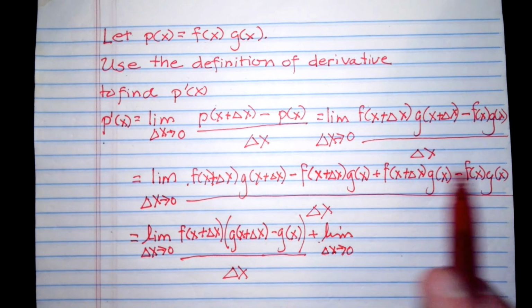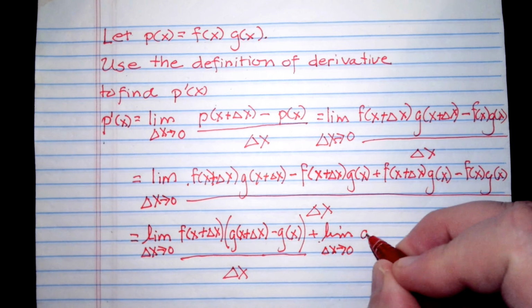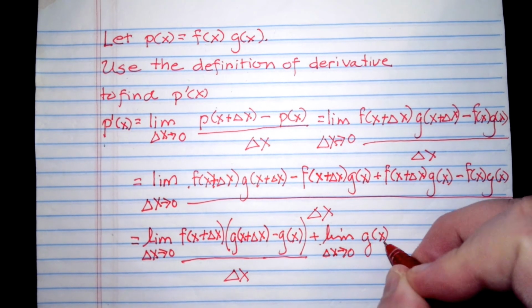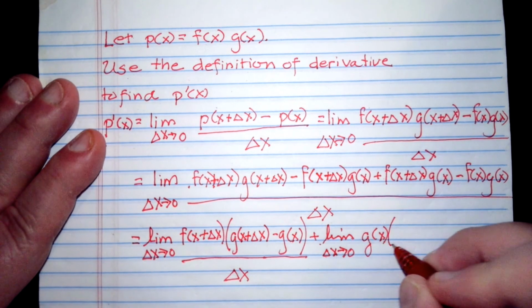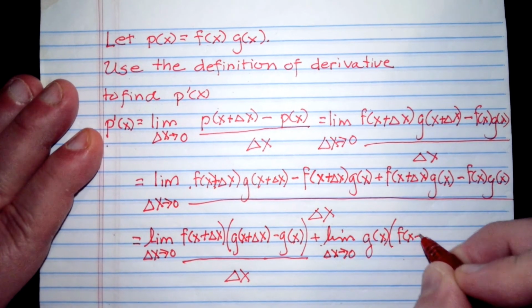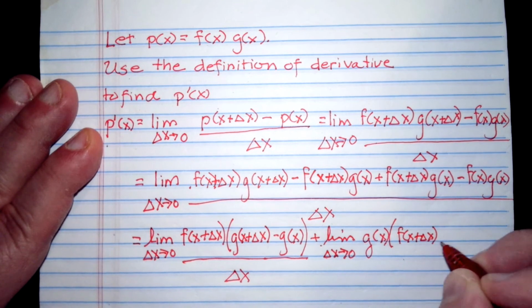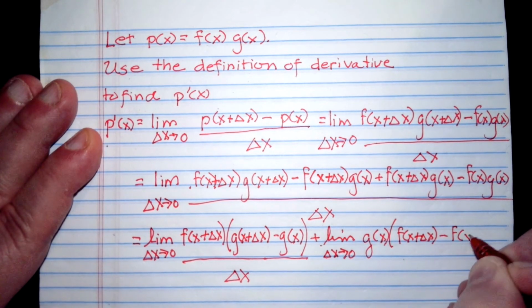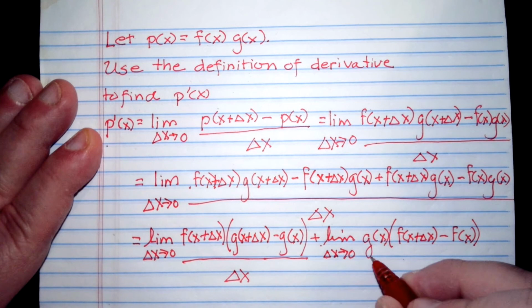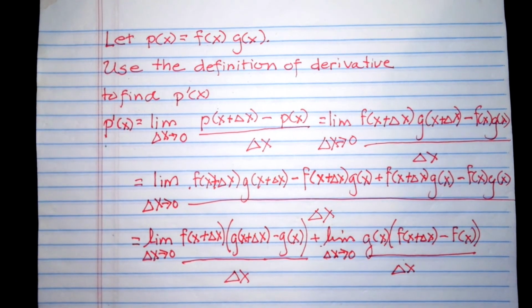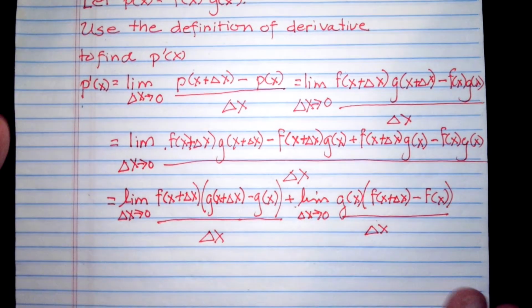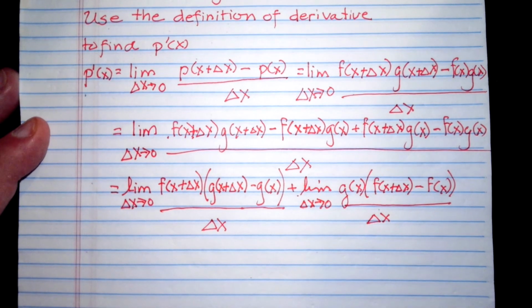So taking out the common factor of g of x, that's going to leave f of x plus delta x minus f of x, and that's all over delta x. Alright, so we're about halfway done, I think.